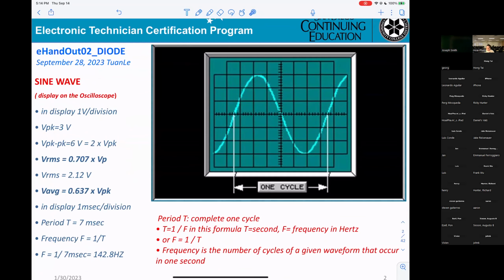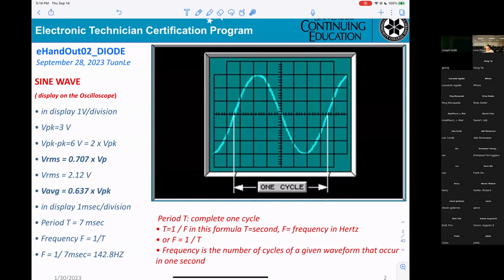Now, when you see the sine wave here on the oscilloscope, they only display it on the oscilloscope. They set 1 volt per division. That means this is 1, 2, 3, 4, 5, 6, 7, 8 divisions. Each will be 1 volt.